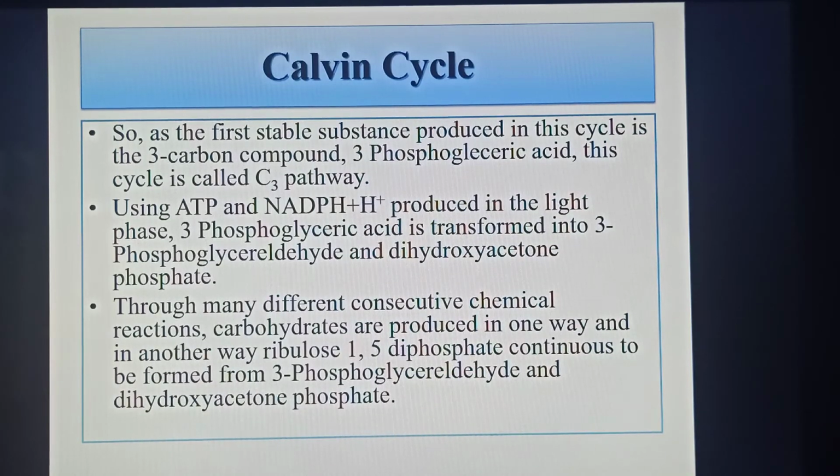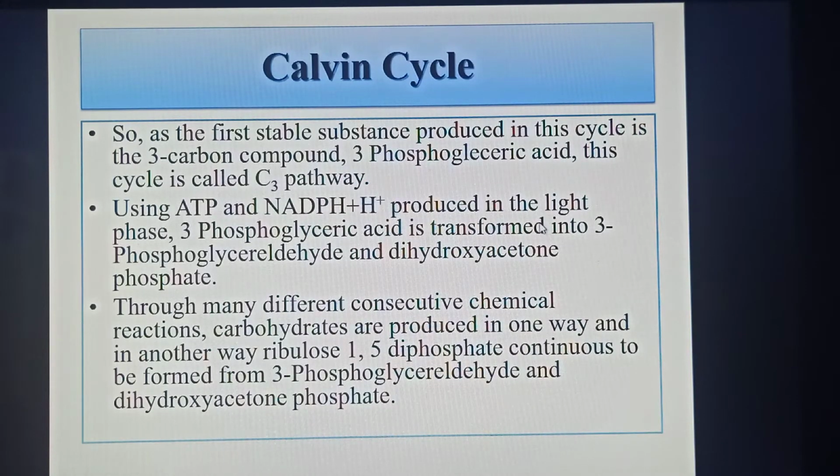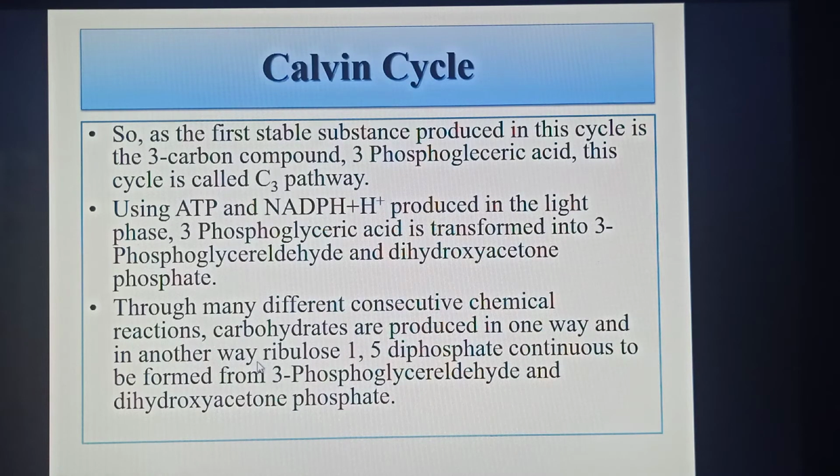Using the ATP and NADPH2 produced in the light phase, 3-phosphoglyceric acid is transformed into 3-phosphoglyceraldehyde and dihydroxyacetone phosphate through many different consecutive chemical reactions. Carbohydrates are produced in one way, and in another way ribulose 1,5-bisphosphate continues to be formed from 3-phosphoglyceraldehyde and dihydroxyacetone phosphate.